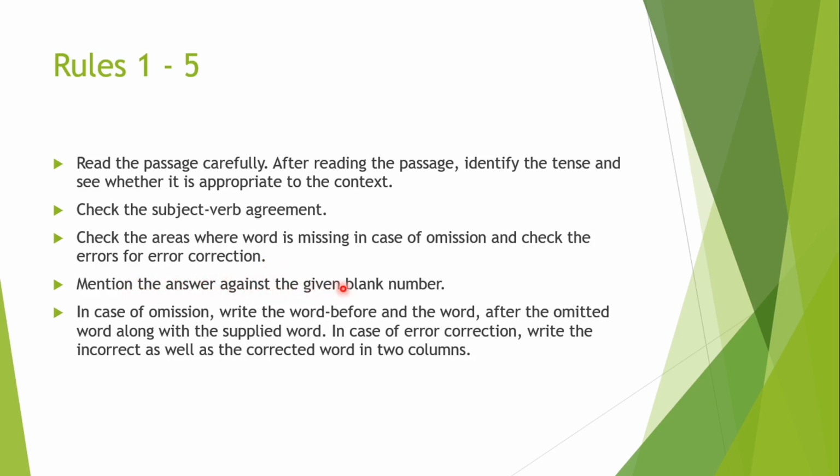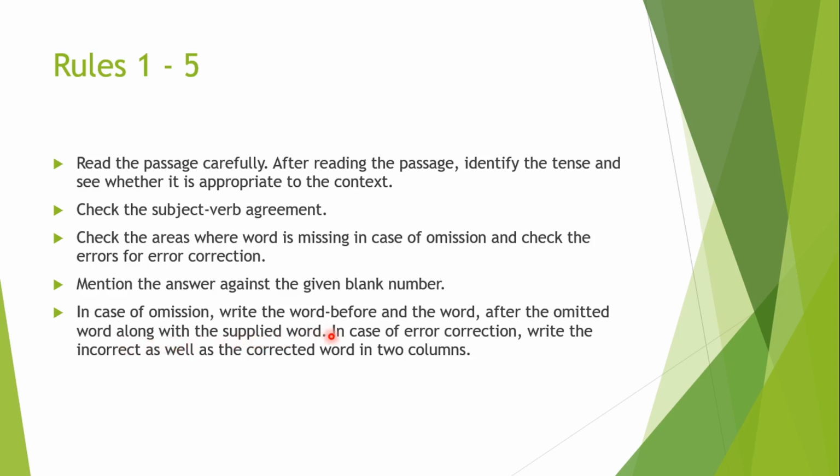Mention the answer against the given blank number. Okay, the blanks will be given. In those blanks you have to write the correct answer. In case of omission, write the word before and the word after the omitted word along with the supplied word.